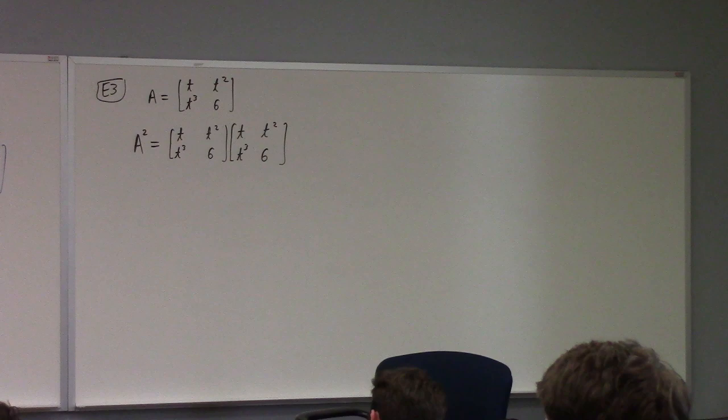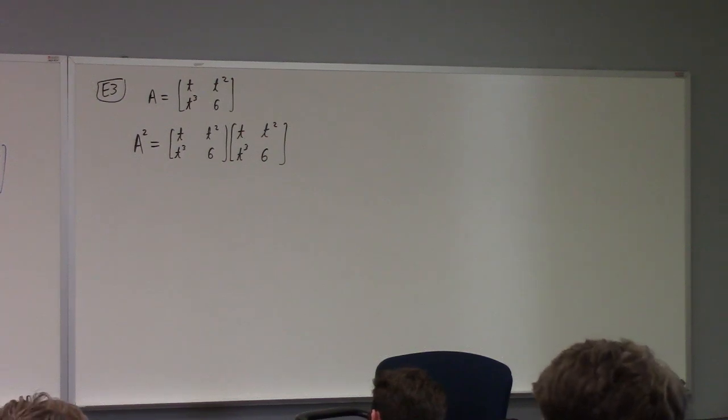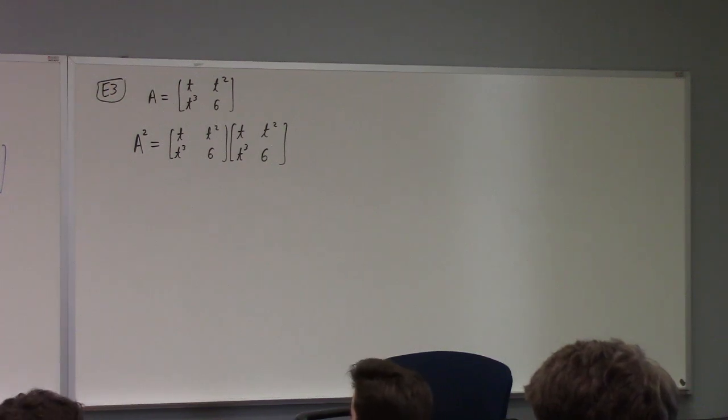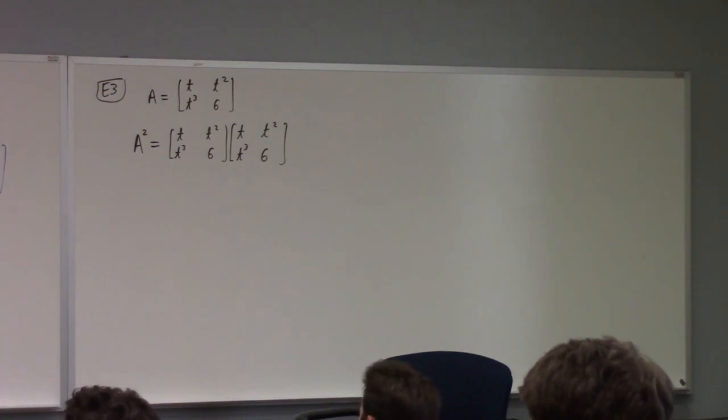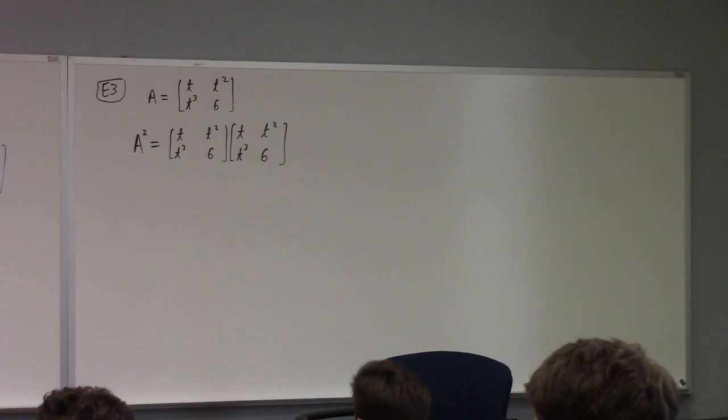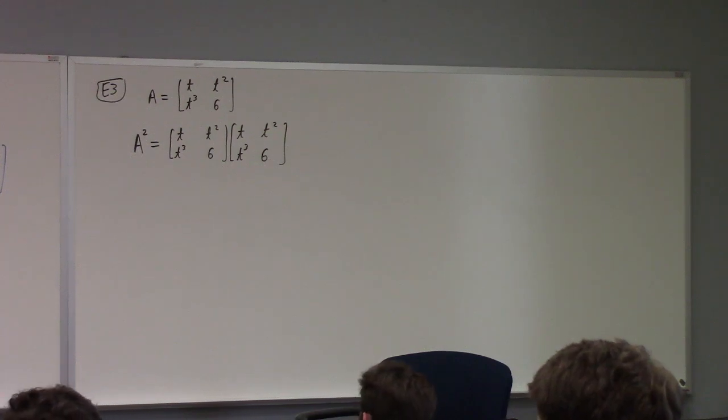We need the number of columns in the left factor to match the number of rows in the right factor. These have to match in order to calculate the product. So going back to example 1, B times A would not be defined.